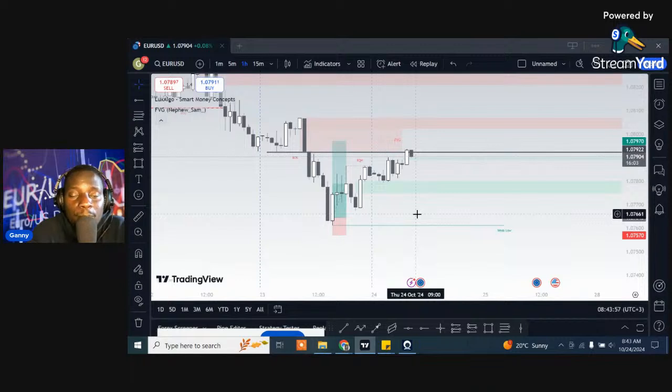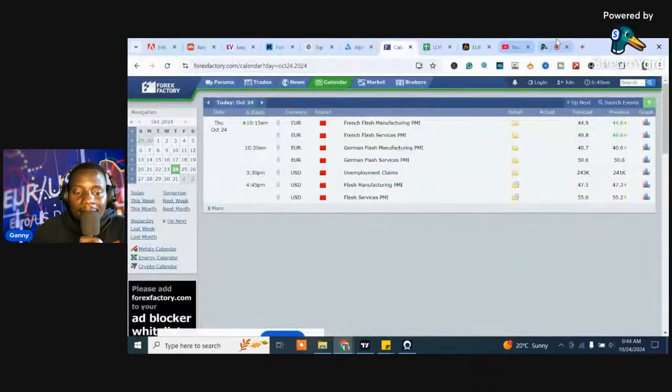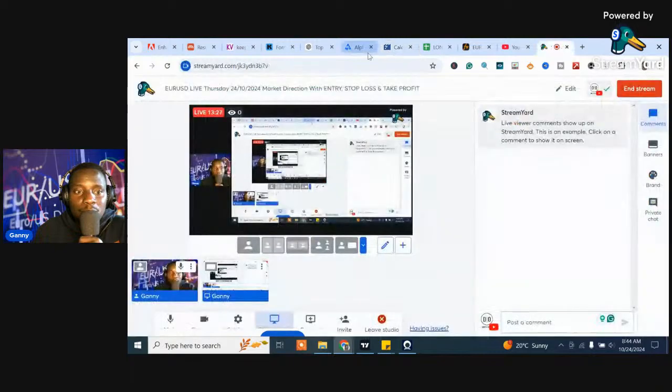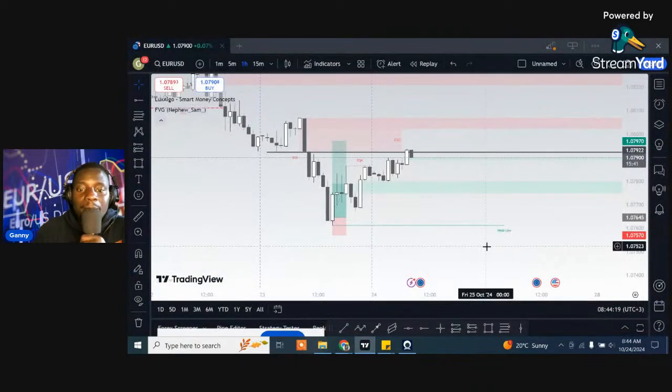From that previous day, I like to look out for what I call areas of interest. An area of interest can be an order block, a fair value gap, or maybe an equal high or equal low. These are areas of interest I look at to be able to determine exactly where price might go on the next day.